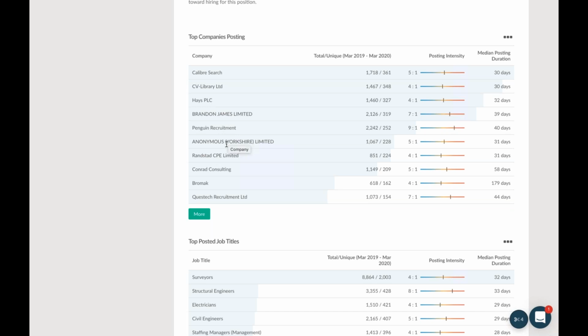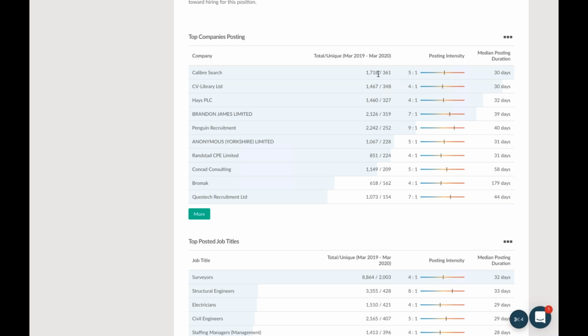Now, to point out at this level, because we're looking at quite a broad area, there will be a lot of recruitment agencies in here because they tend to be the big recruiters. But remember, we picked about 10 different areas related to construction, so we can try and refine that a bit more. So to point out on here, we've got the number of unique jobs.